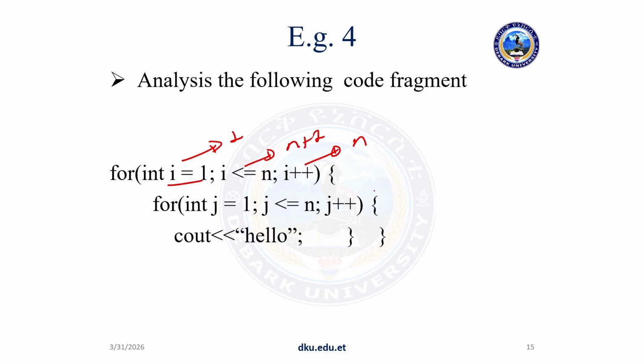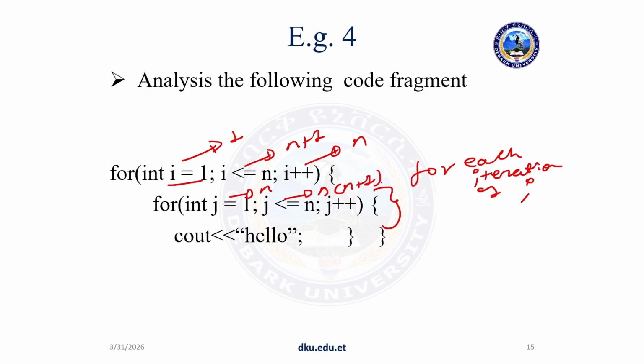When we consider the inner loop, for each iteration of i, this initialization will take n units of time, and this condition will take n into n plus 1 units of time, which is equal to n square plus n times.